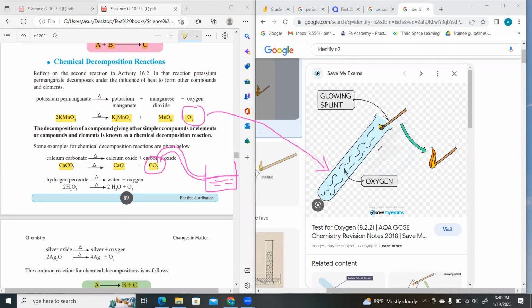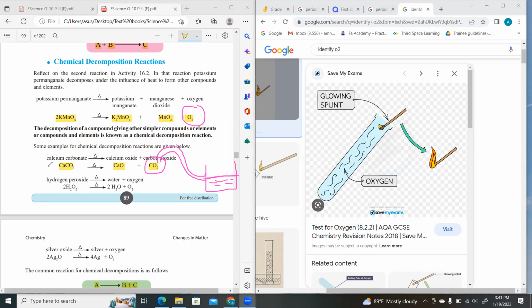But when you take a glowing splint closer to carbon dioxide gas, will that happen? Will the flame become higher, or what will happen? No, the splint won't give a flame. Even if you had a flame, that flame will be gone. So that's how we separate and identify the gases.